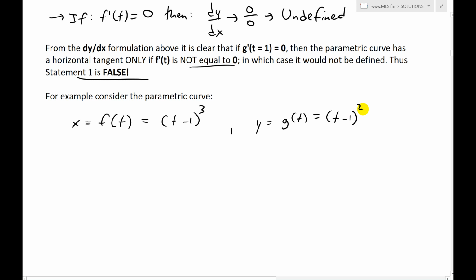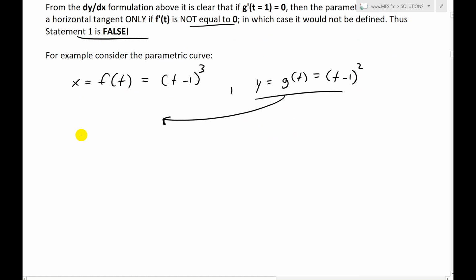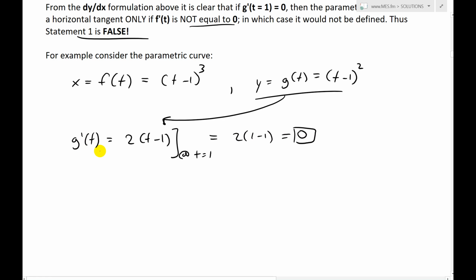So now if we take the derivative, g prime of t equals 2(t minus 1), just putting the 2 down and reducing the power using the exponent law. At t equals 1, when we plug that in, we get 2 times (1 minus 1). In other words, we get 0. So this is our g prime of t equals 0.